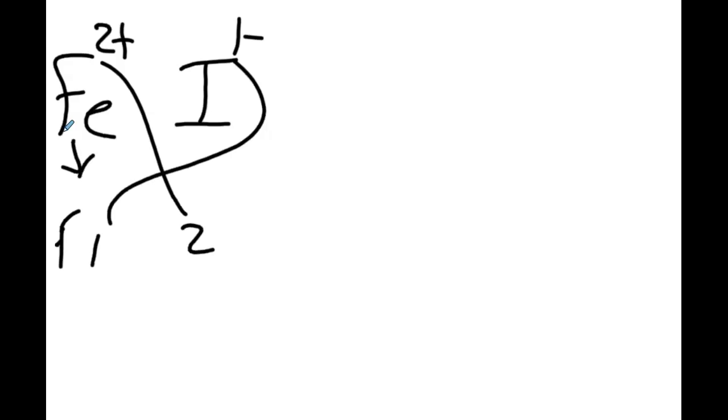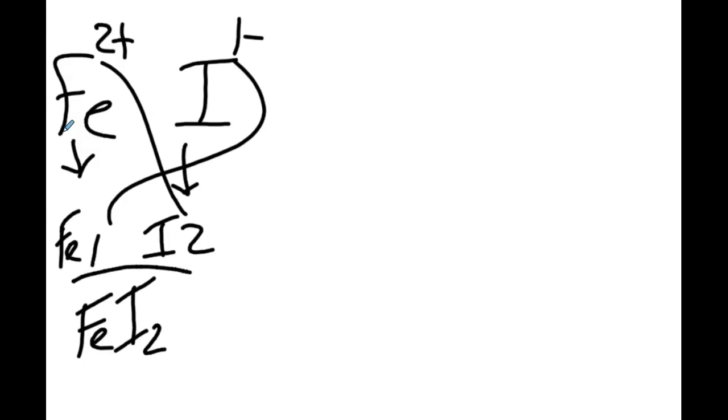I'm going to bring the symbol straight down. Because iron has a 1 next to it, I do not need to write that 1. The Fe, the symbol, tells me there's one of them. Then I'll put the capital I for iodine and the 2 next to it in the box, telling me I need 2 iodines to balance out iron Roman numeral 2.